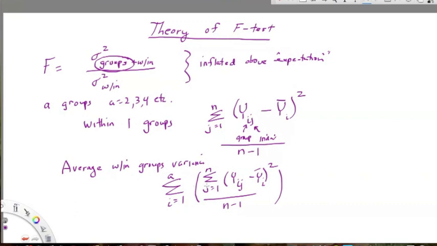But this isn't the average, right? This is just the sum. This is the numerator. And we would divide by A because we have A groups, because this is an average. So we're taking the average variance by summing across groups and dividing by the number of groups.